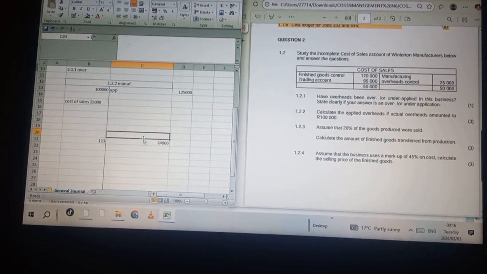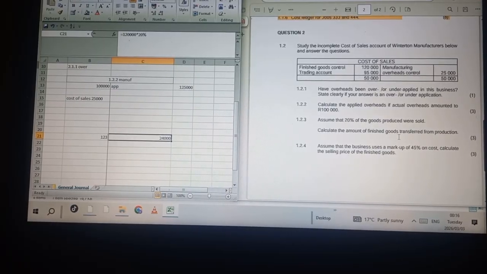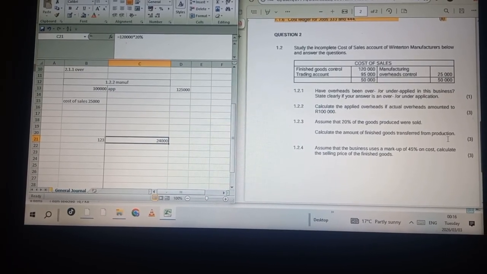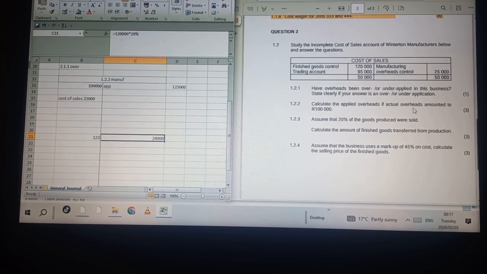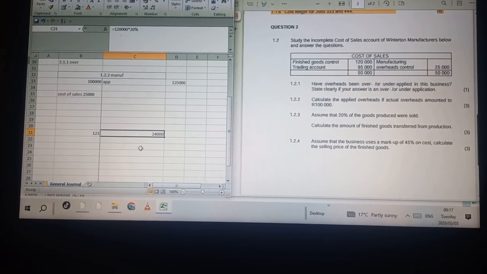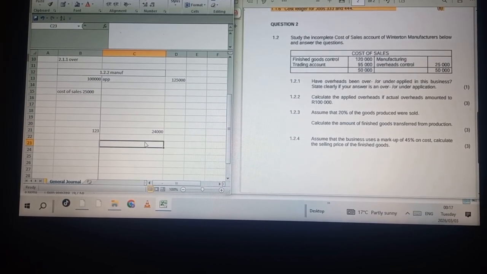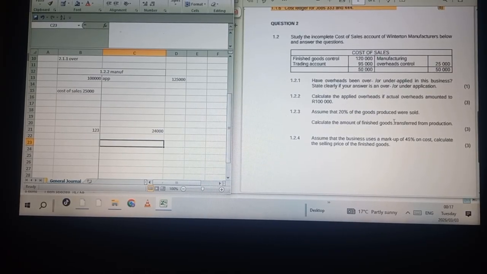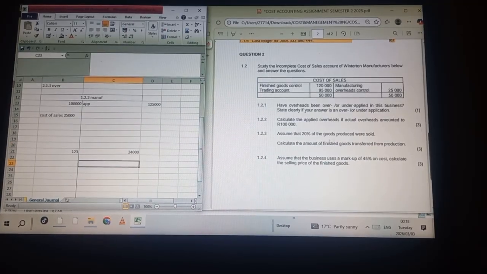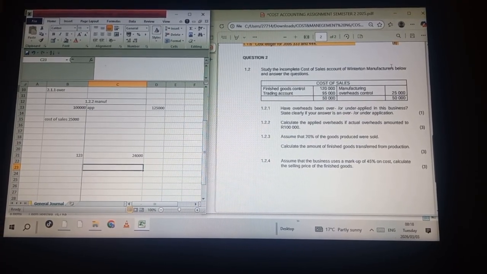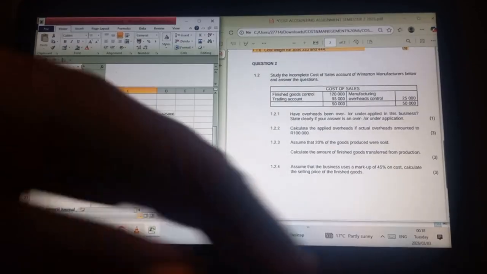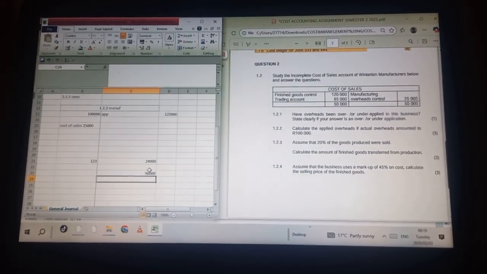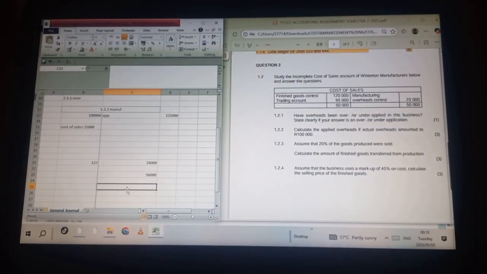It's a trick question. Just say 120,000 minus the goods that were already sold, which is 24,000, and then you get your amount transferred from production.